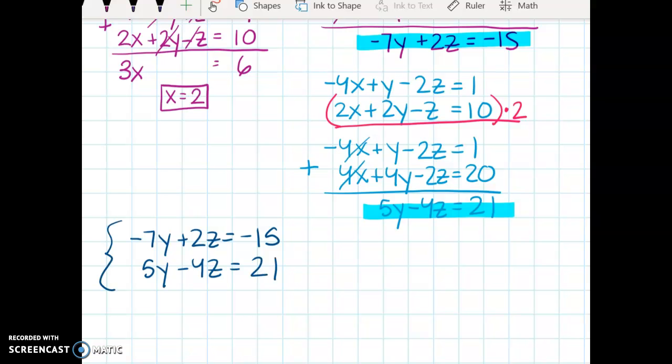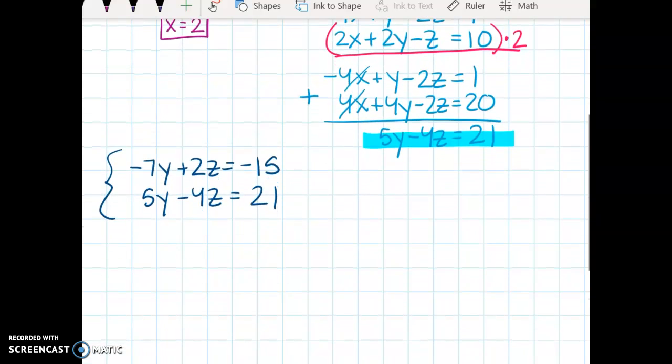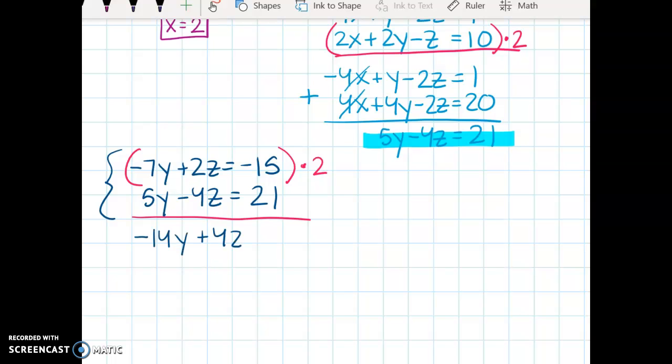There's a system. I want to cancel something out. 5 and 7 look annoying, but I can multiply the top by 2, and I'll have a 4z and a -4z. So on top, we have -14y plus 4z equals -30.